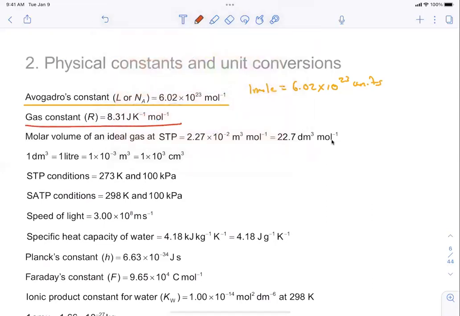Gas law constant, okay? For SL, this is PV equals nRT. That's the only time I think you would need to use the gas law constant.